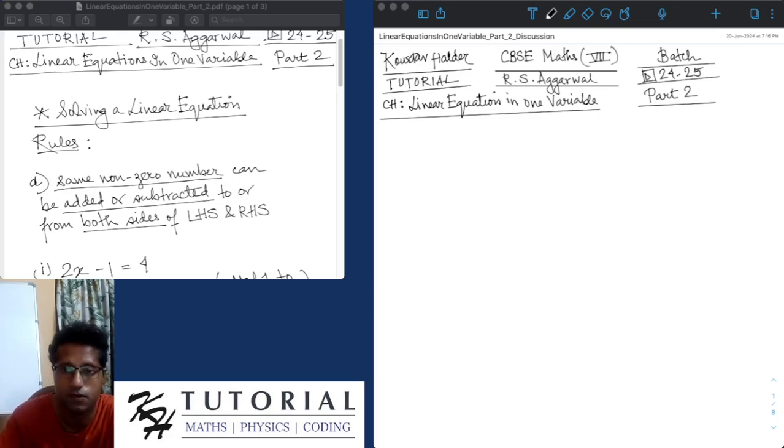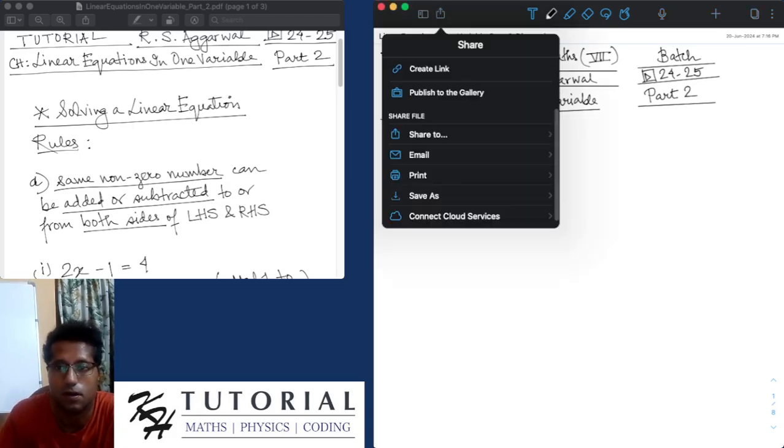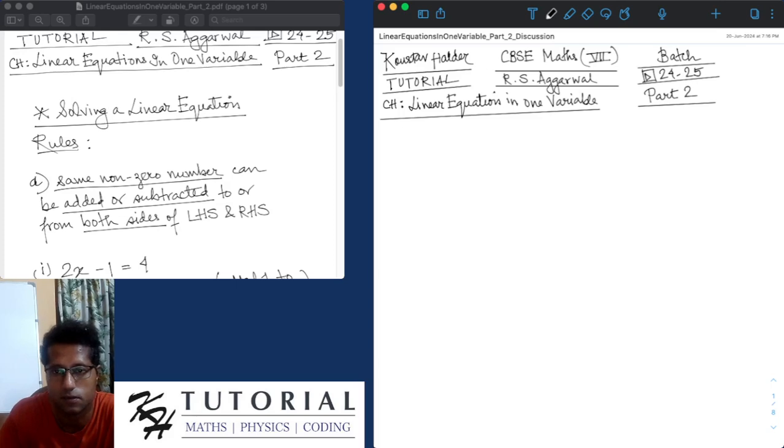Let me give you a very brief recap. A linear equation is of the form LHS equals RHS, where both LHS and RHS are linear polynomials.